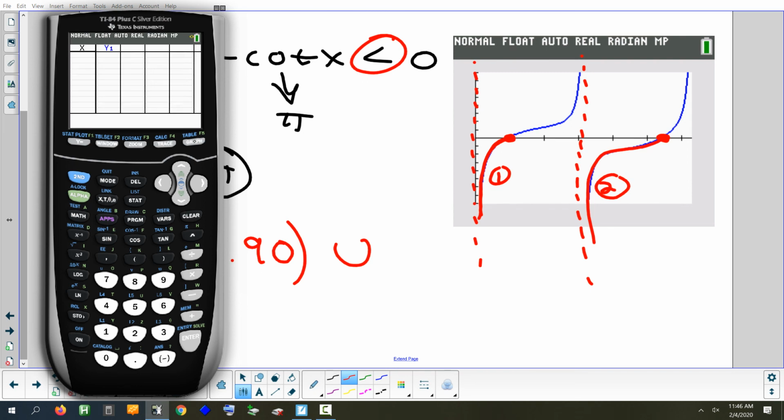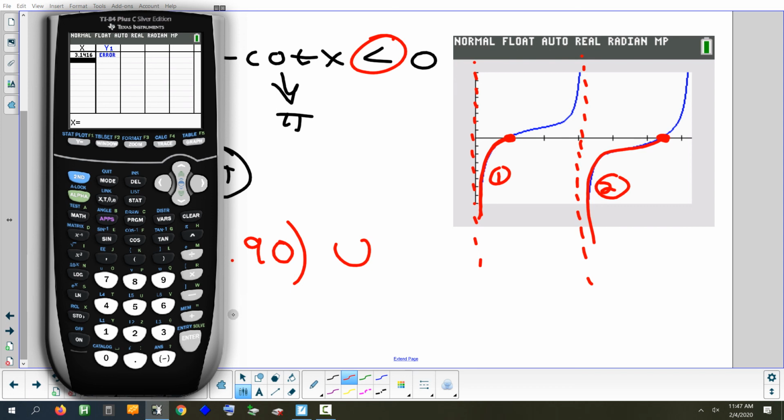And you can check that by going to your table, trying the value right in the middle of 0 and 2 pi and see if it's the asymptote. What's the value that's in the middle of 0 and 2 pi? Pi. So type in pi. Sure enough, it says error, which means pi is an asymptote.